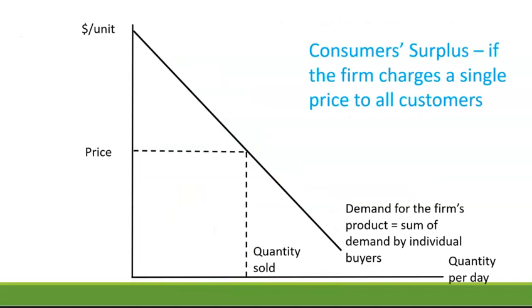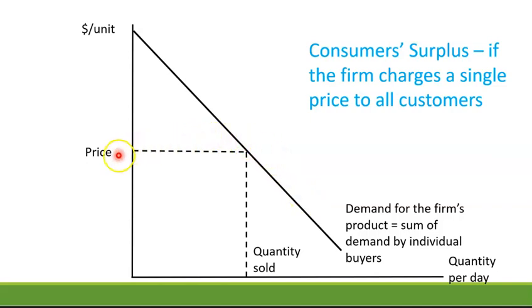We can look at the market as a whole, add up the willingness to pay of all buyers in the market at different possible prices. That gives us our market demand curve. So we've just added up the demand for each potential customer.